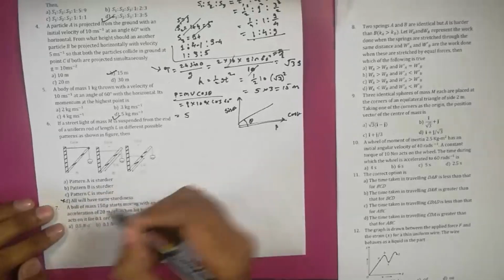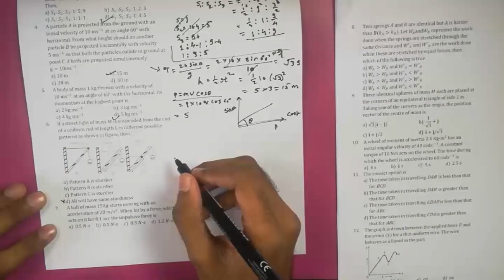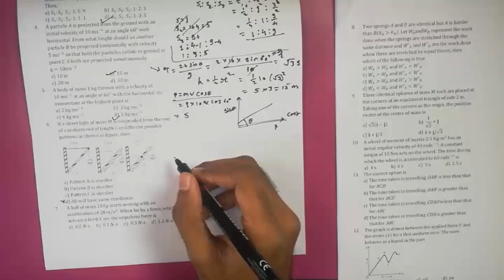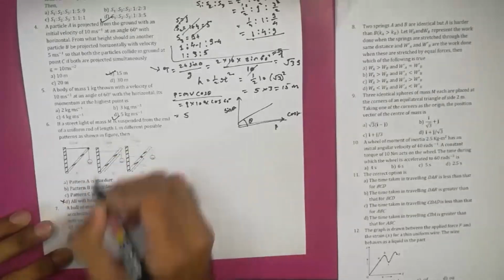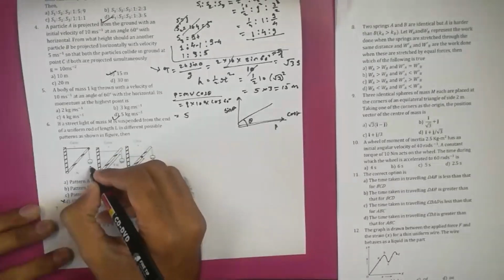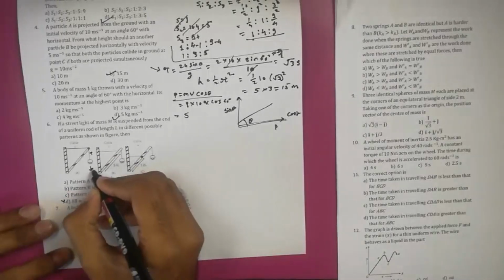First of all, we need to know how the tension of the body depends on this distance, as in the height. Because this mass is hanging, there is a tension in the string, and the weight of the body is downward. Now they both should be in equilibrium.